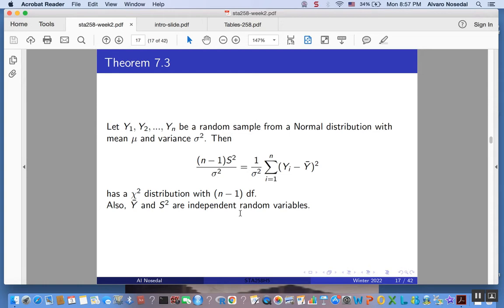The part that we're going to be showing is that the distribution of n minus 1 times the sample variance divided by sigma squared is going to be a chi-square with n minus 1 degrees of freedom. Okay, here we go.